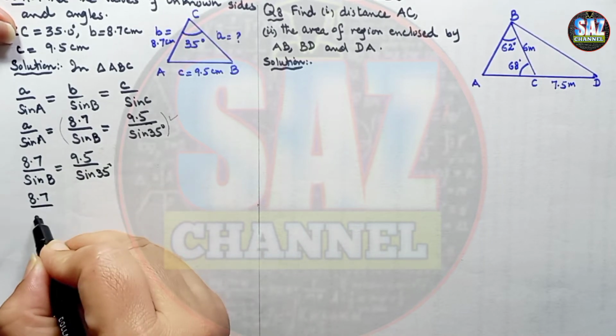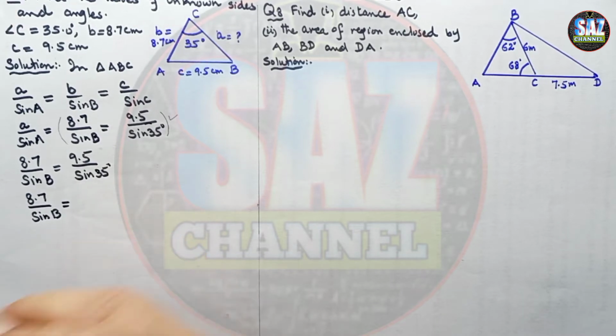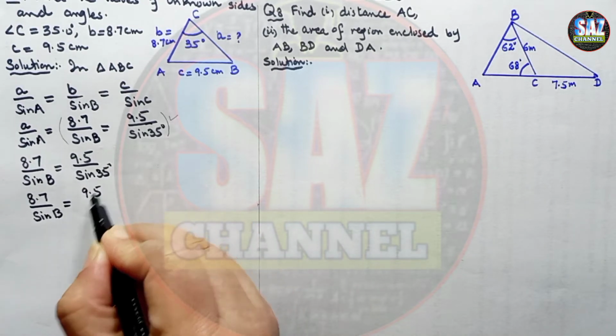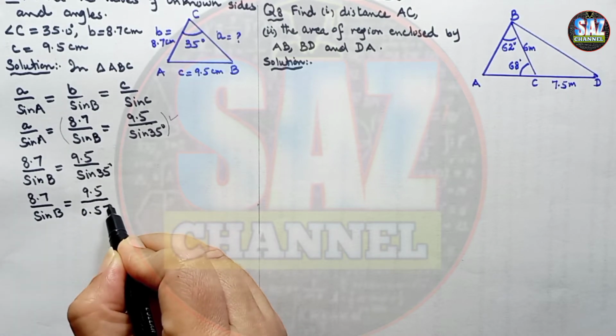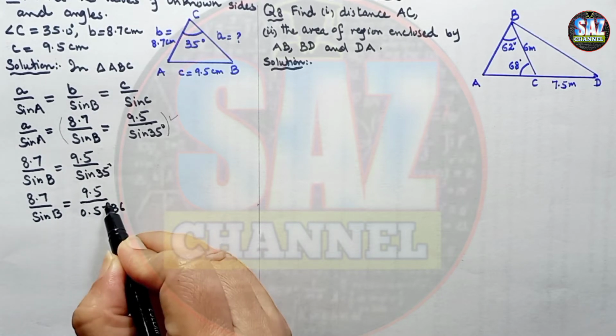I have to check the value of sine 35 degrees with the calculator, and this is 0.5736.